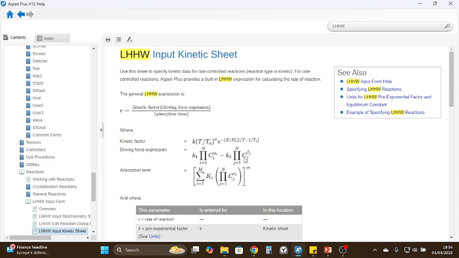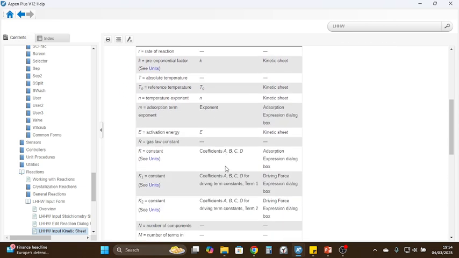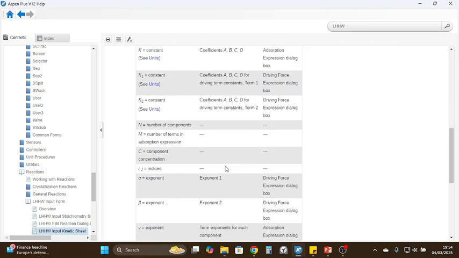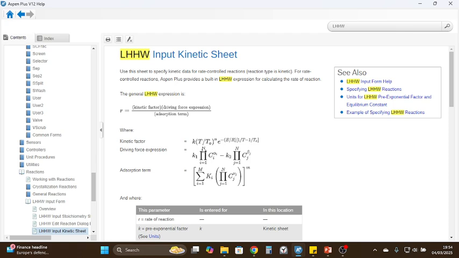It is the competitive nature of the reactants taking place in the reaction, where Ci and Cj are the concentrations of the reactants i and j, that is the different reactants present in our system, and K1 and K2 are the pre-exponential factors of those reactants. Then we have the adsorption term, which is denoted by this.